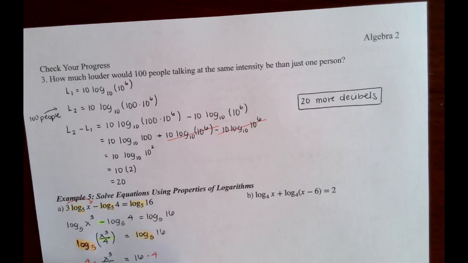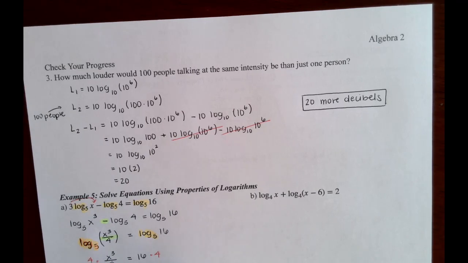This becomes x cubed equals 64. To get rid of the cube, I'm going to cube root both sides. The cube root of 64 is 4, so this is just x equals 4. Then I can plug it in and check.